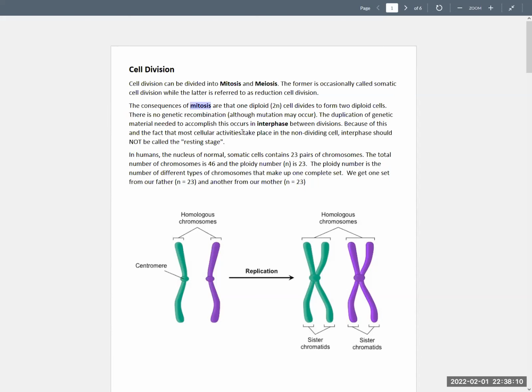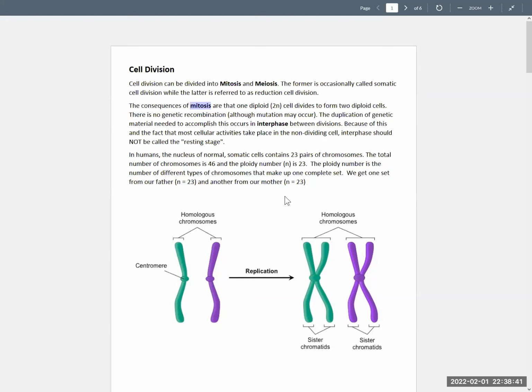In human beings, the nucleus of normal somatic cells, body cells, contains 23 pairs of chromosomes. You got 1 pair of each chromosome, one from your mother and one from your father. Your father contributed to you 23 chromosomes.